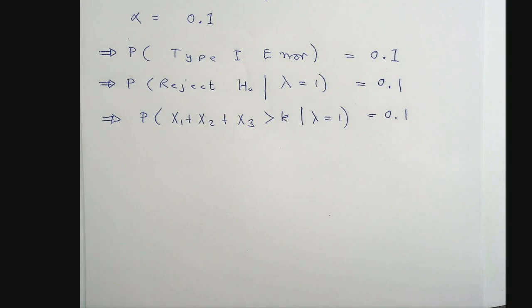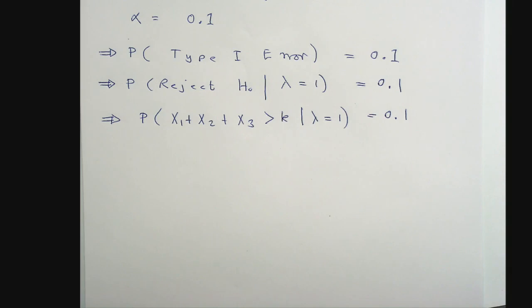Now we know that each xi, that is x1, x2, and x3, are IID Poisson variables. There is a property of Poisson which says that if you sum independent Poisson variables, then the sum is also Poisson.